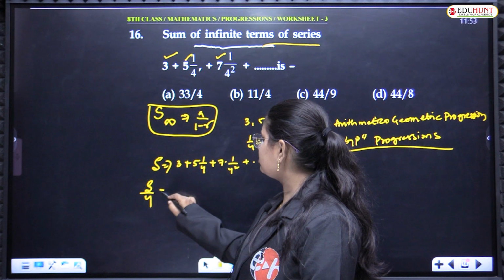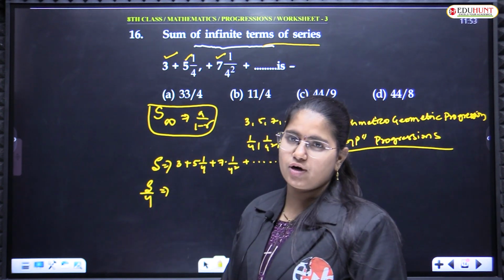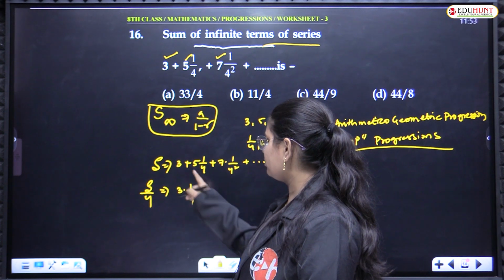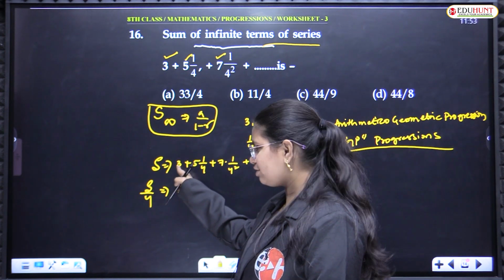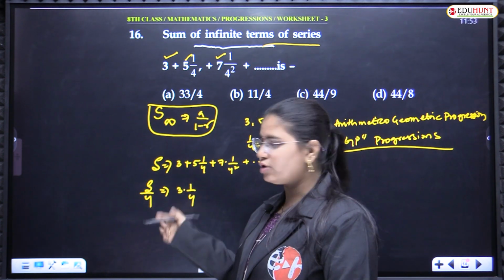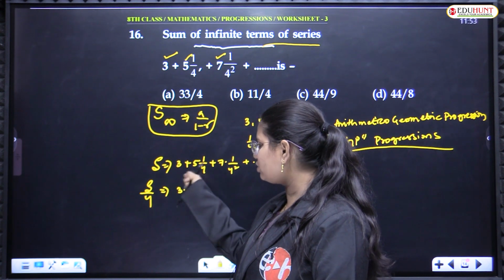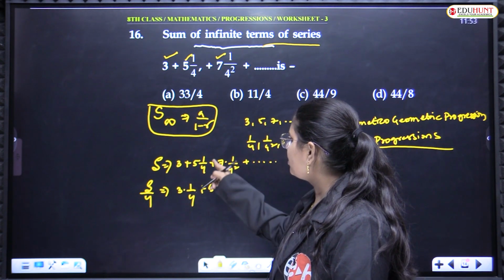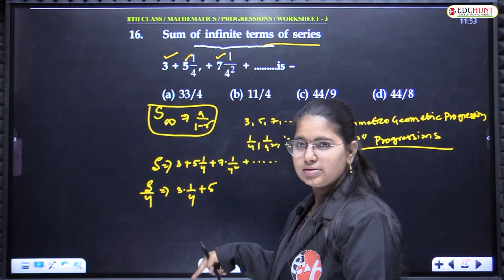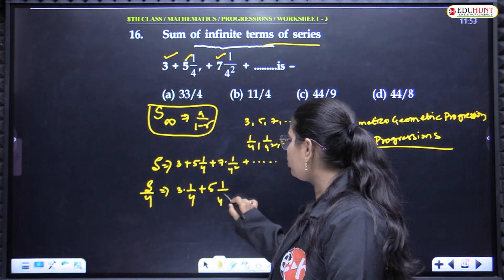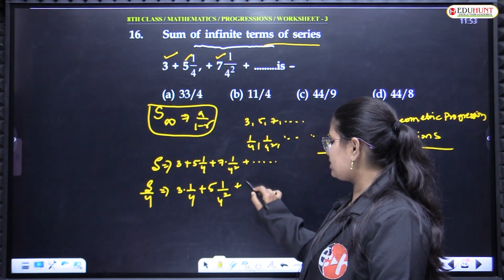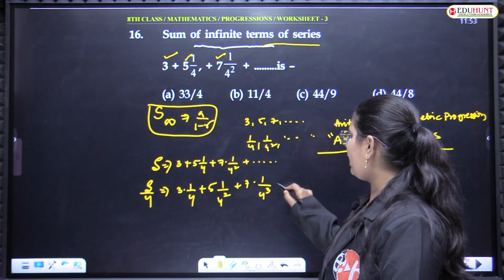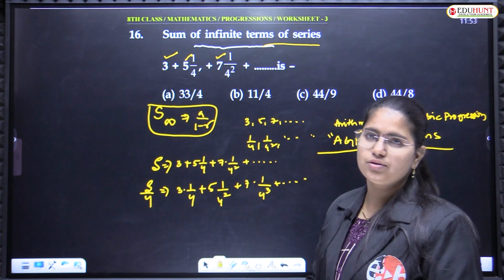So, what will you get for S by 4? 3 into 1 by 4, which is actually 3 by 4. Next, 5 into 1 by 4 whole square. Next, 7 into 1 by 4 cube, and so on.